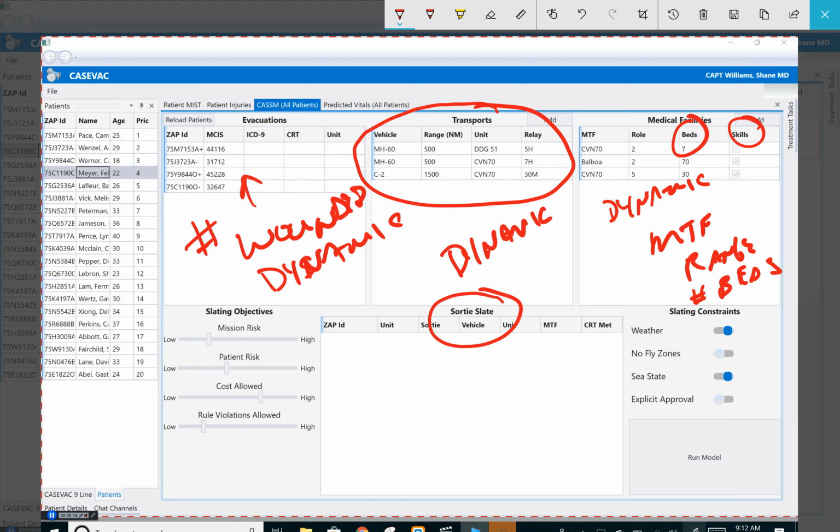So a sortie slate is a list of injured people on a particular flight for a particular aircraft going from an evacuation area to the medical treatment facility.